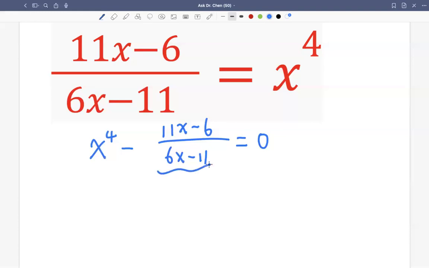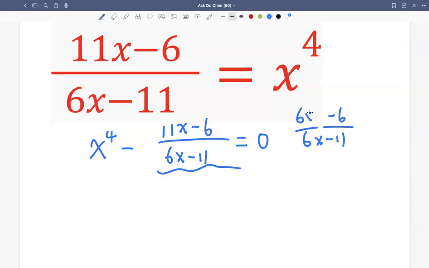Let's try to simplify this term. Let's see if we can rewrite it. We have 11x minus 6 divided by 6x minus 11. So we split 11x into 6x plus 5x.